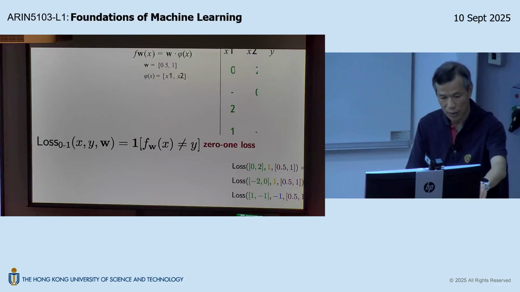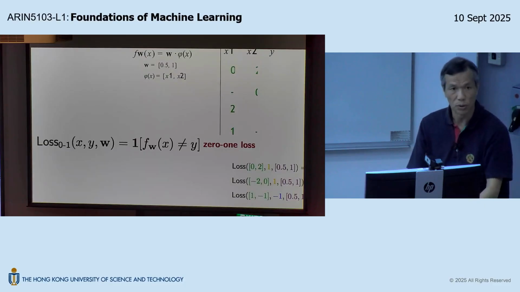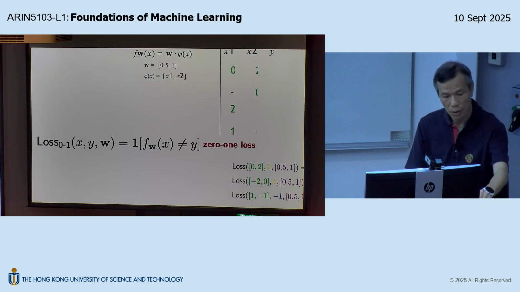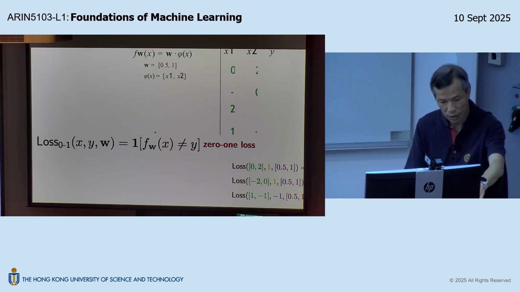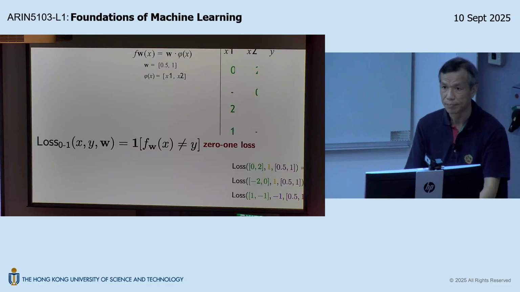And what is this? This is the so-called indicator function. This indicator function will return a 1 when the input argument is true. In other words, when your prediction disagrees with the training set label, this will output a 1. Essentially, it says that you have committed a mistake.